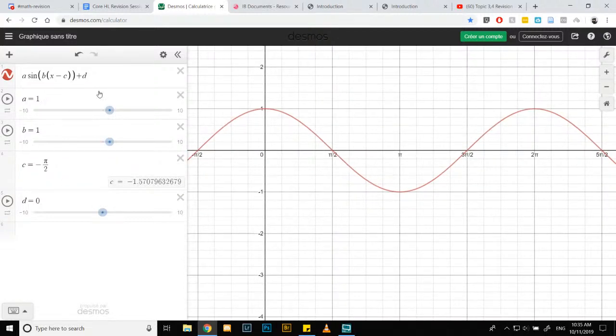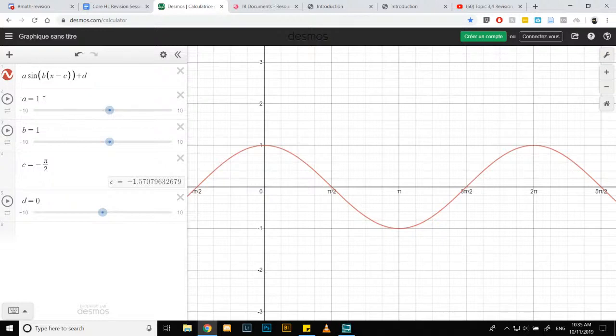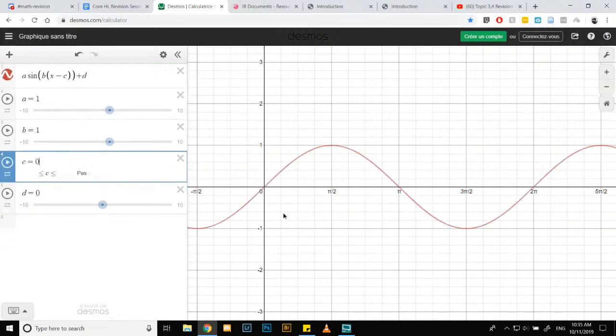So if you were to alter a sine function and add pi over 2, so that's x minus negative pi over 2, an x plus pi over 2, you would actually get the cosine function. And I think that's really cool. It's a good way of thinking about what's happening, because you're translating the function from here to there by just moving it by that factor.